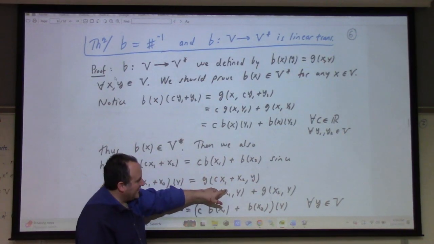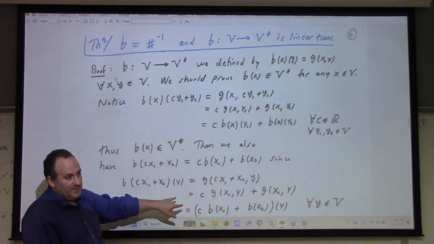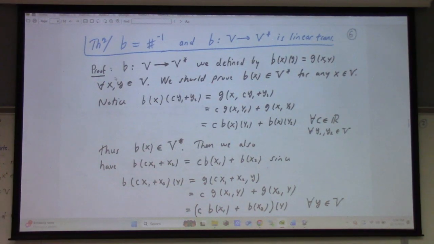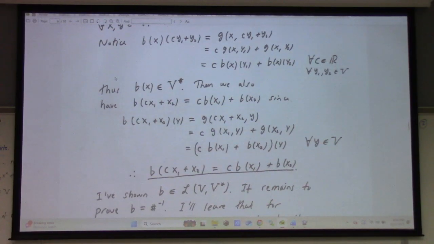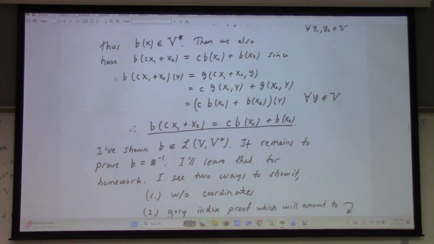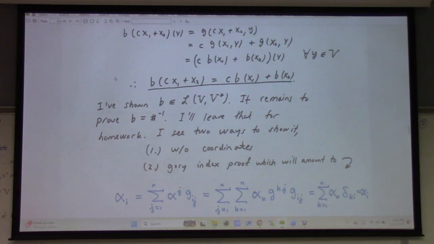And now we exploit linearity in the first slot of G to get the linearity of the flat map. So it's a linear transformation. I said I'll leave showing it's an isomorphism as homework. That may be an empty threat. Maybe it's a threat I'll make good on next time I post these notes.